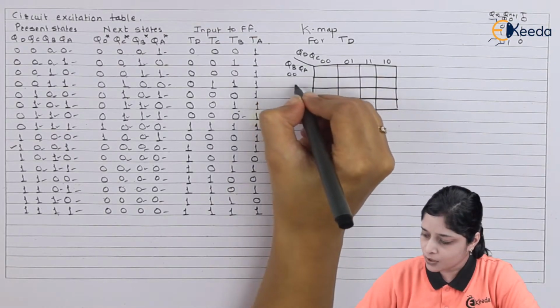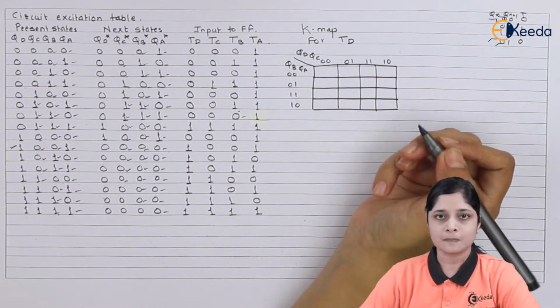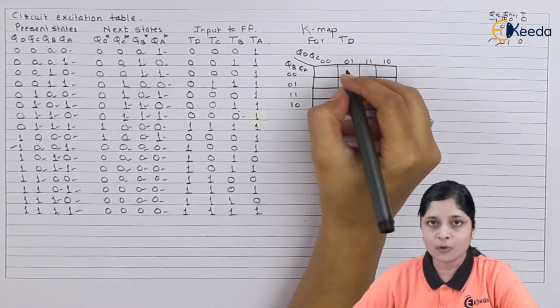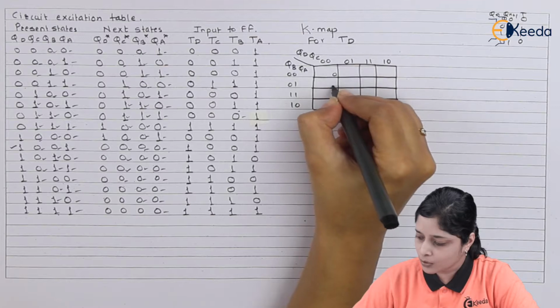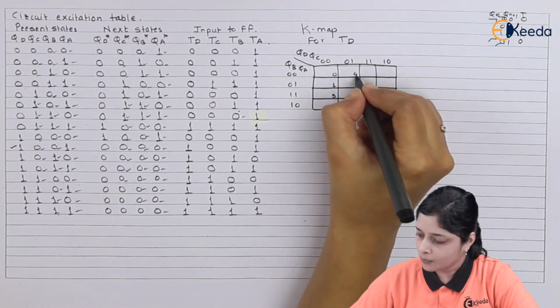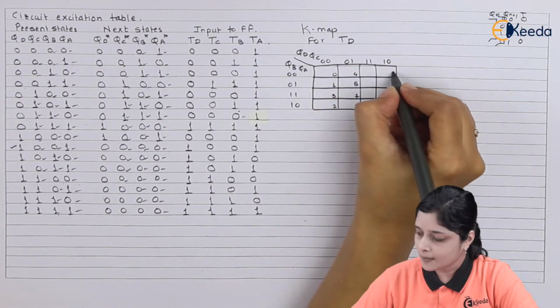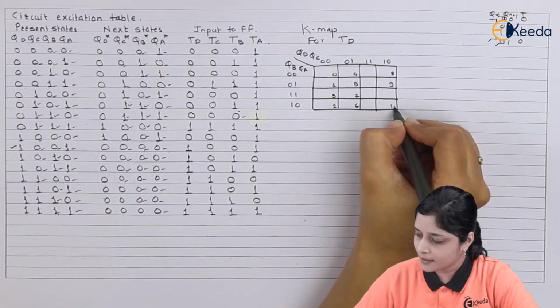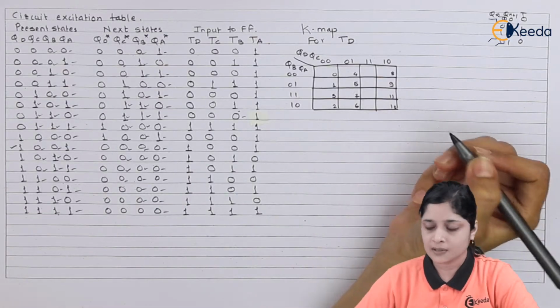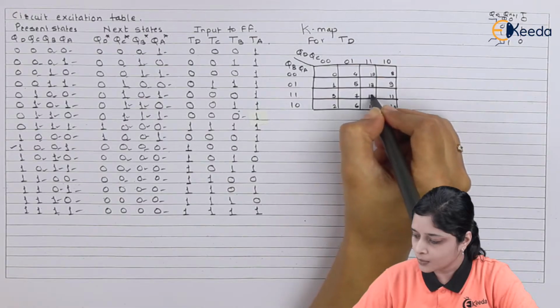After that 0 0 0 1 1 1 1 0. Then inside the boxes you have to write 0 1 2 3 4 5 6 7, 8 9 10 11, 12 13 14 15.